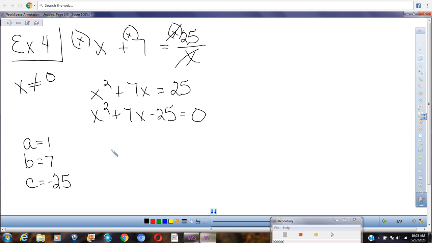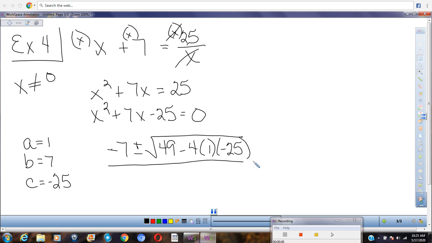All right, negative b, which is negative 7, plus and minus the square root of b squared minus 4 times a times c, all over 2 times a. All right, simplifying underneath the square root, we have 49 plus 100, or the square root of 149.